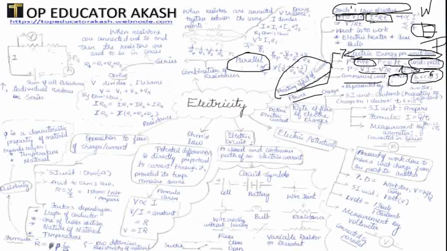If we multiply, we get 3.6 into 10 to the power 6 Joule.